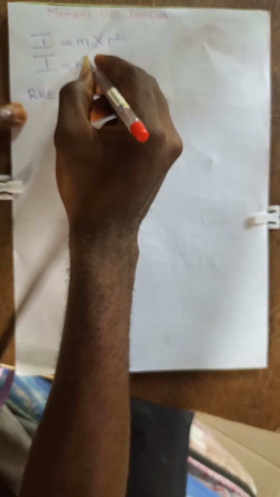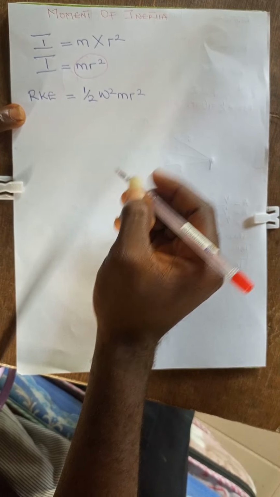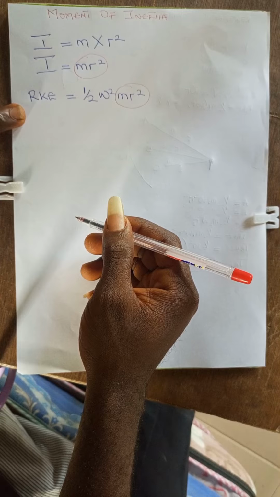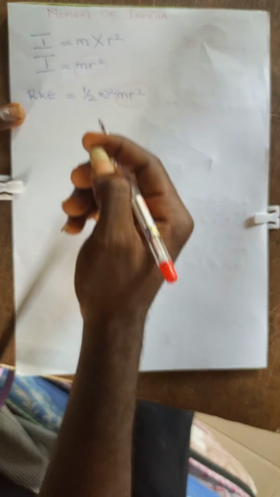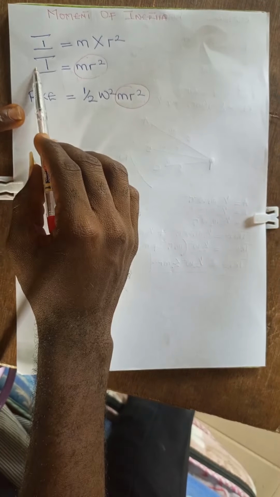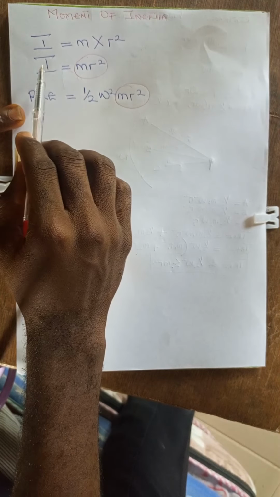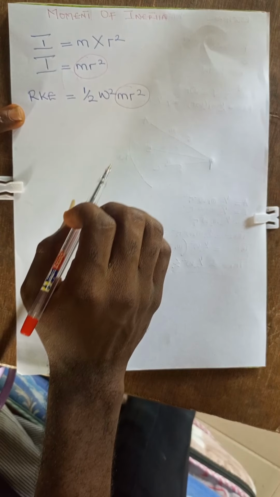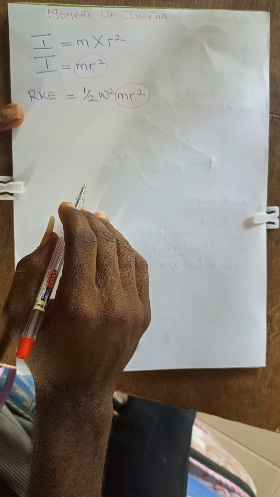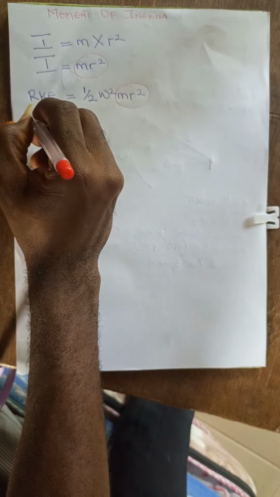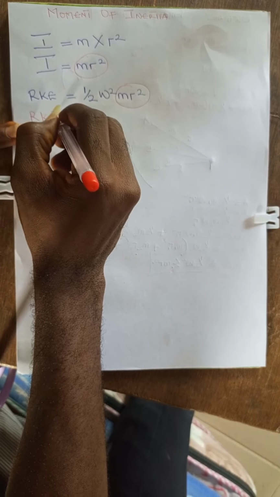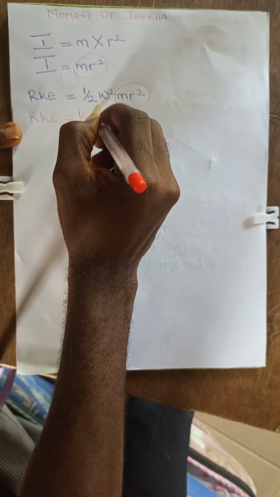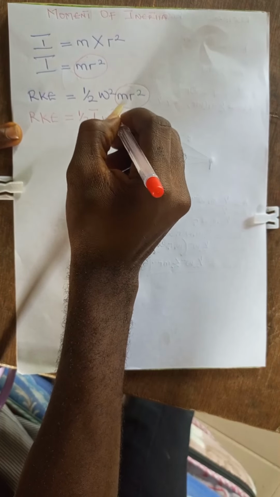If you look here, you will see m(r) square. If you also look here, you will see m(r) square, which means we can substitute, we can remove m(r) square and put I. Since m(r) square and I are the same thing, we can put I inside this formula, and then the formula can also stand on its own, which means you can write rotational kinetic energy as half I omega square.